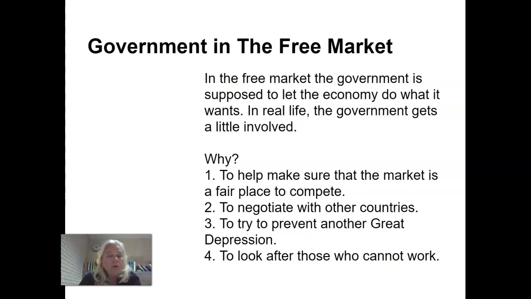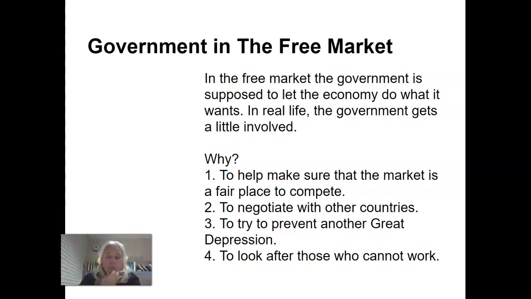The government also makes international trade negotiations and deals to decide through tariffs and other kinds of economic decision making how much we'll negotiate with other countries and with what kind of products.